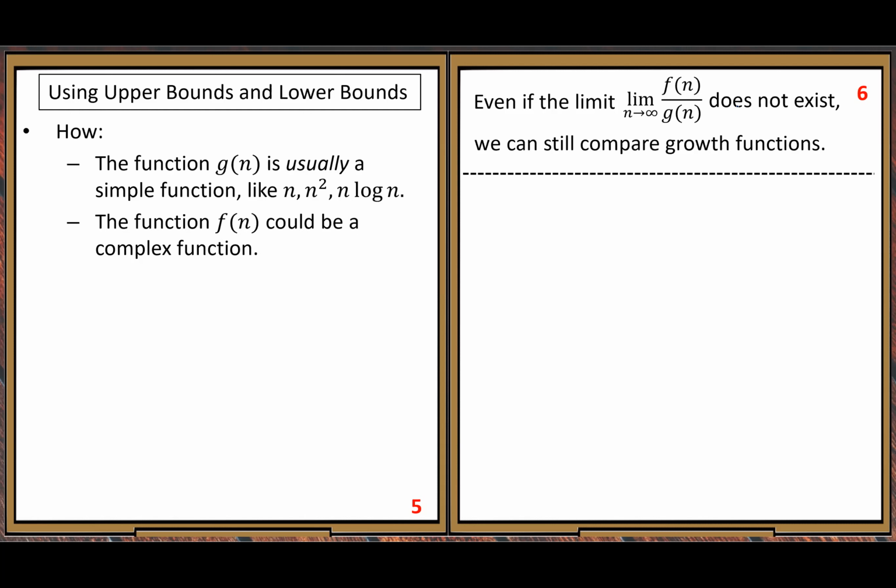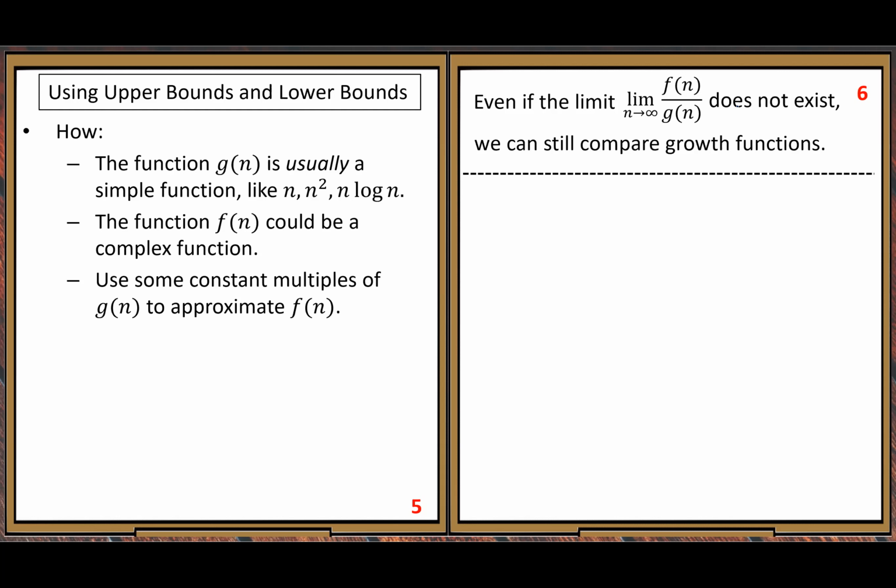The function f of n could be a complex function. Typically it's a relatively more complex function. We use some constant multiples of g of n to approximate f of n. Here, the third point is the main point about this method, using upper bounds, lower bounds.